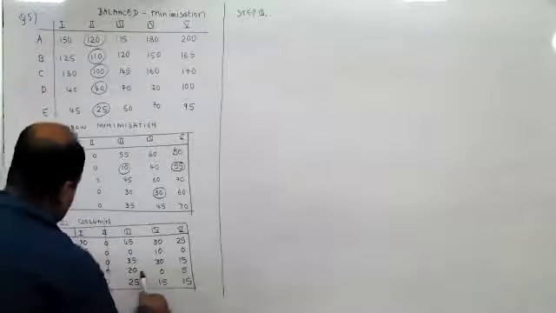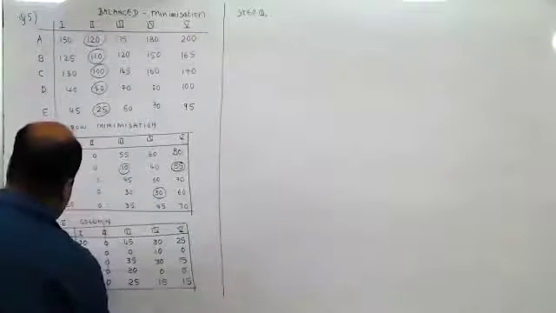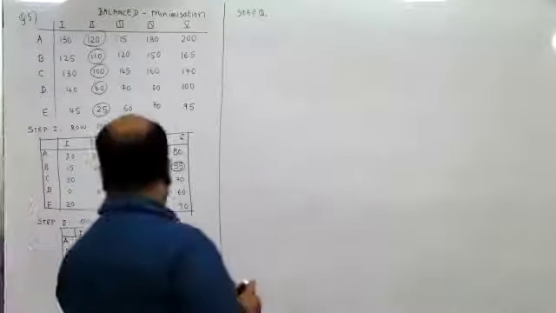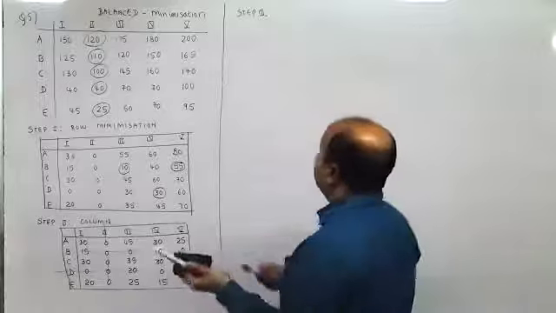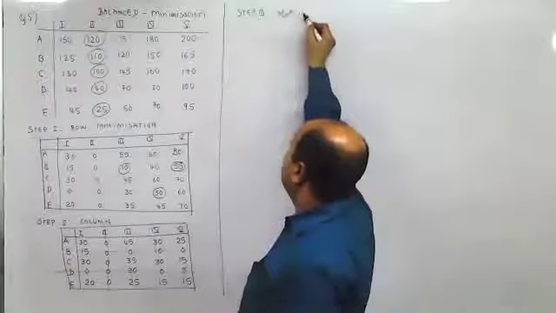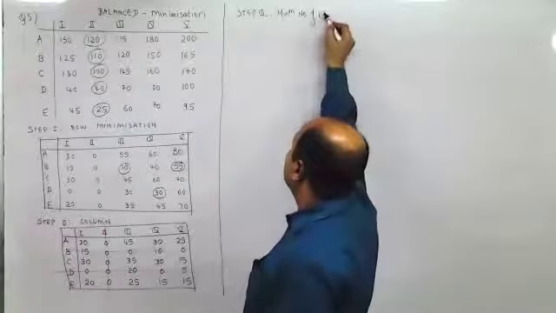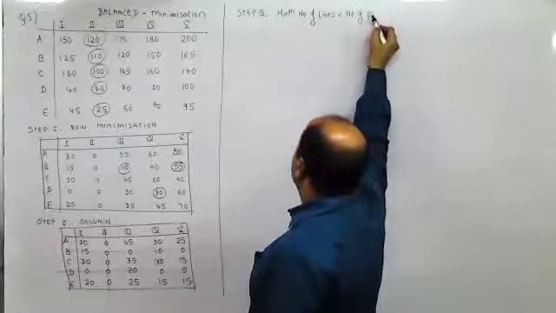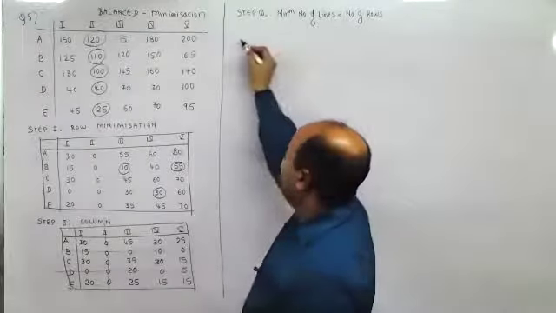I think 3 lines are required. Can it be done in lesser number of lines? So minimum number of lines is less than number of rows. So therefore step 4.